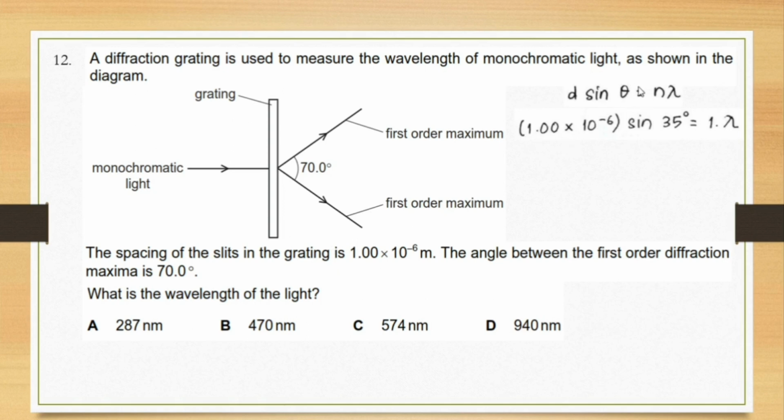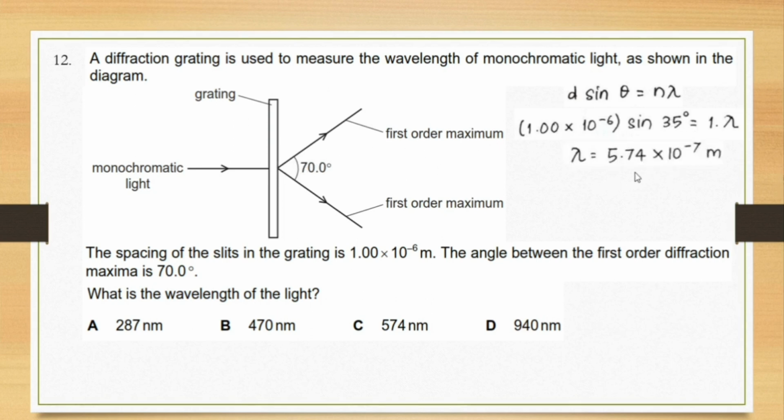The theta is the angle between the first order maximum to the center bright fringe. So when we are given the angle between the first order maxima, and we want to find the angle between the first order maximum to the central bright fringe, then it should be 70 divided by 2, 35 degrees.